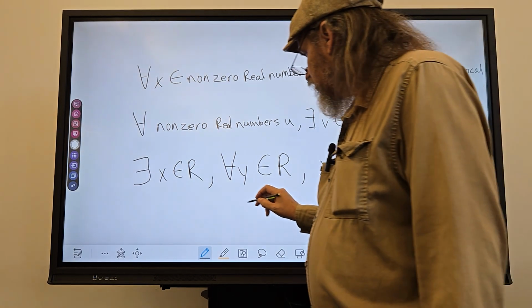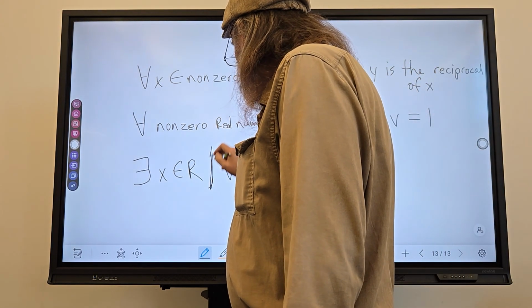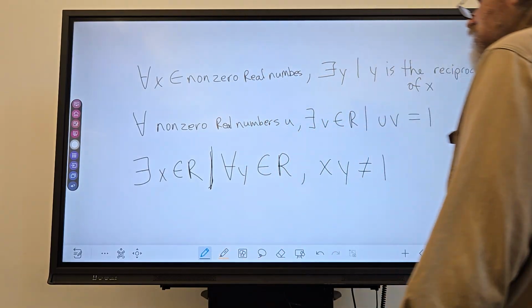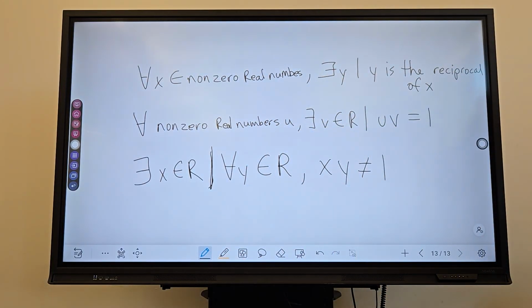There exists an x, which is a real number, such that for all real numbers y, x times y is not equal to 1.